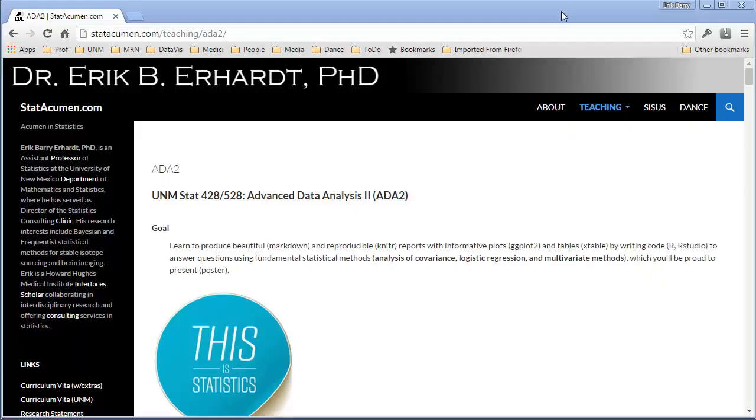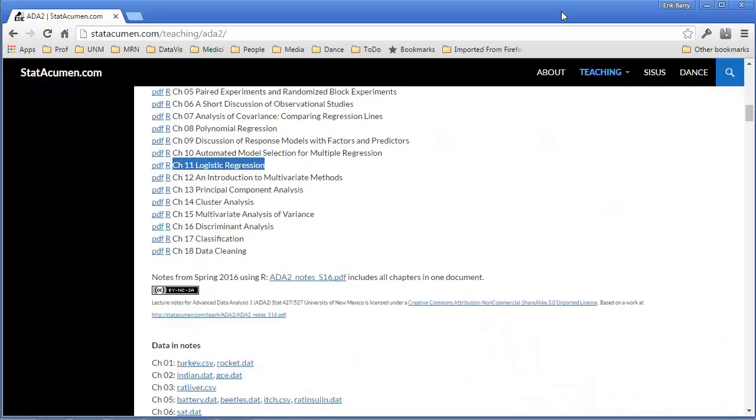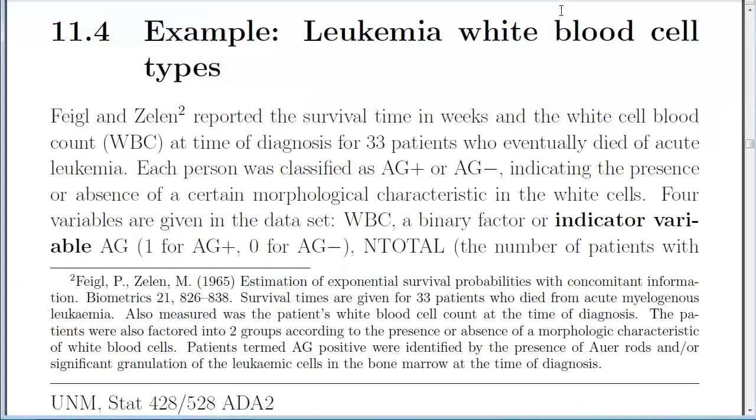In this video, we'll be continuing Chapter 11 on Logistic Regression, and we'll be looking at an example which has both a continuous and categorical predictor variable in the model. So we look back again to a data set that's rather old, 1965, but an interesting data set and one that still applies today for people with leukemia, which is of different white blood cell types.